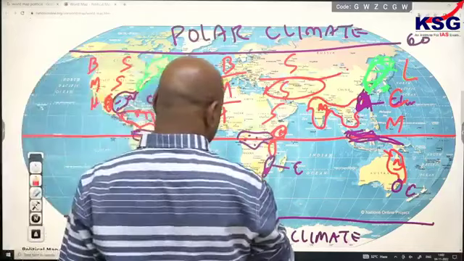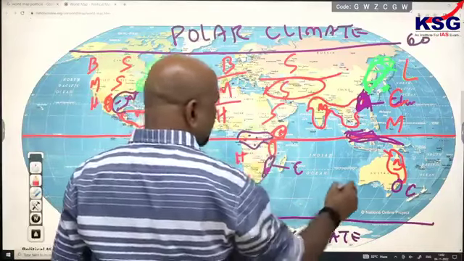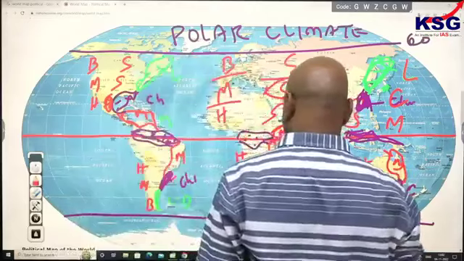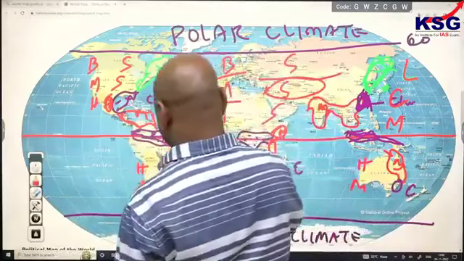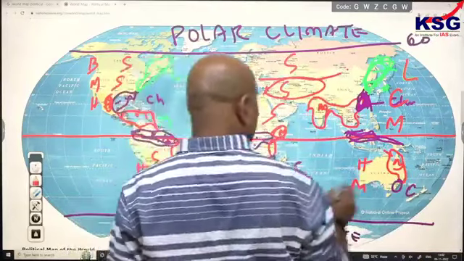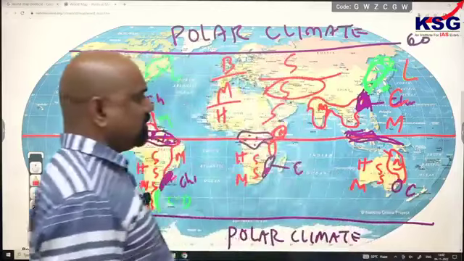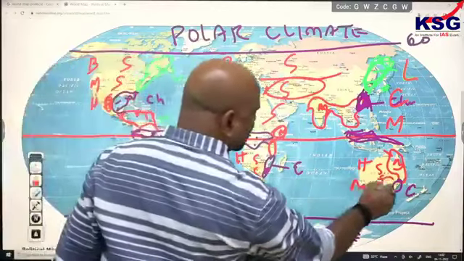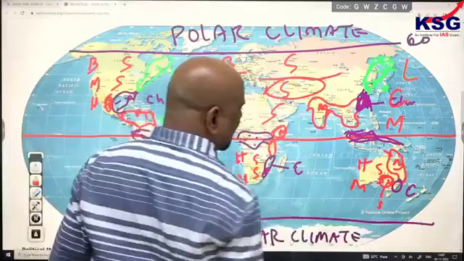Here you have Mediterranean and hot desert. S S S S. Steppe is on this side, down there is steppe, here is steppe, like this.